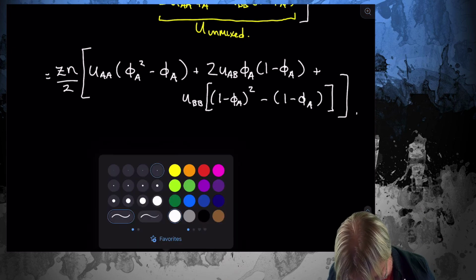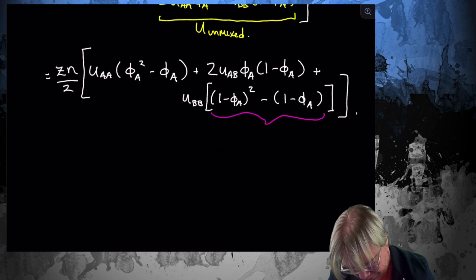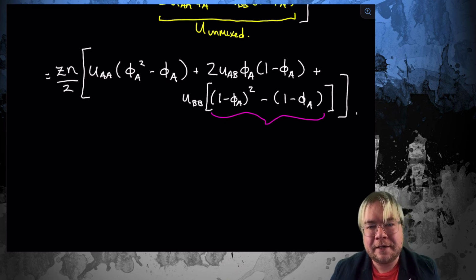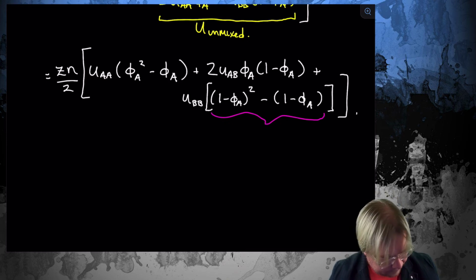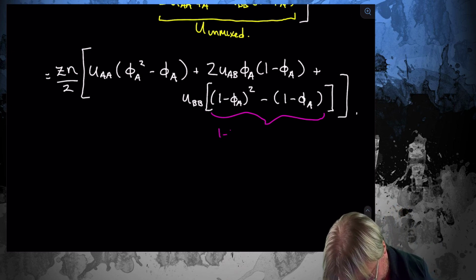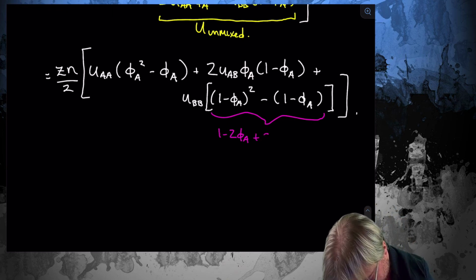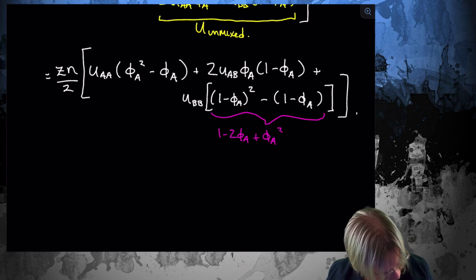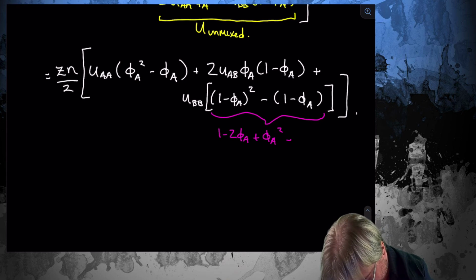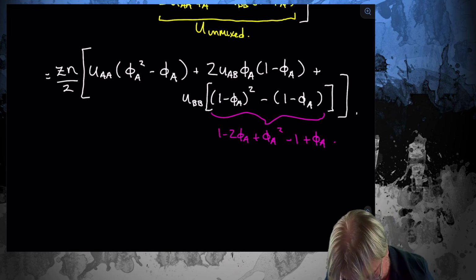So I'll write it in a different color. This term here, if you expand the binomial and combine terms, you're going to get 1 minus 2 phi A plus phi A squared minus 1 plus phi A. So you can see that some terms will cancel.